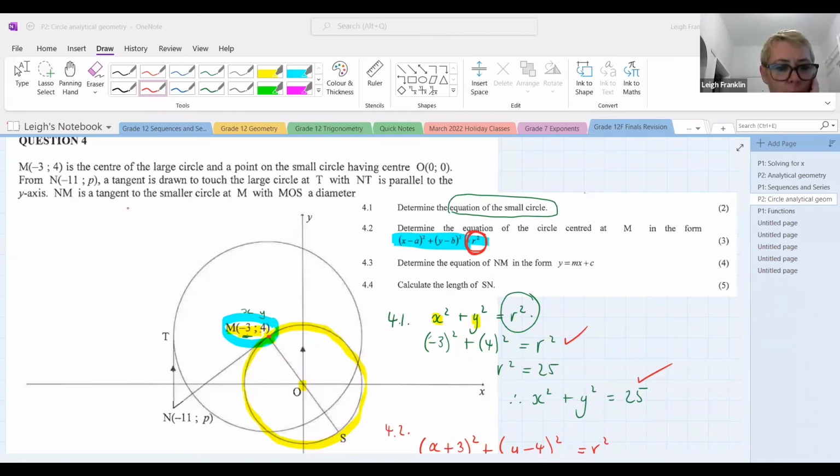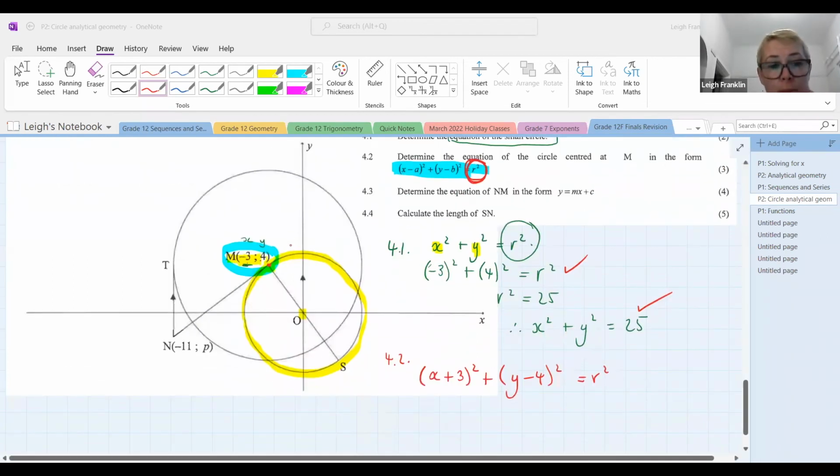NM is a tangent to the smaller circle at M, with MOS a diameter. Can we use O? Good question, Amal. Does the larger circle go through the origin? The larger circle does not pass through the origin, so we cannot use O. Farine, you've got your hand up.